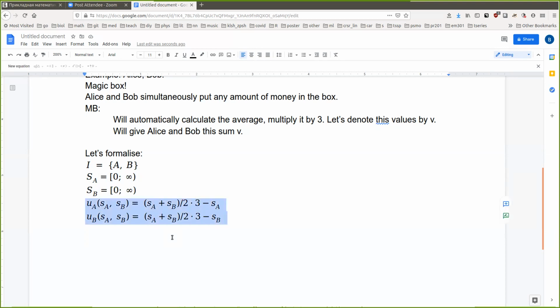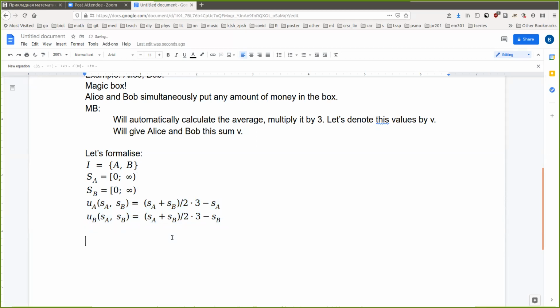And the important moment is a utility function for every player, depending on the choices of all players, including that player and other players of the game. Because there may be 20 players in the game. So that's a formalization of a game.